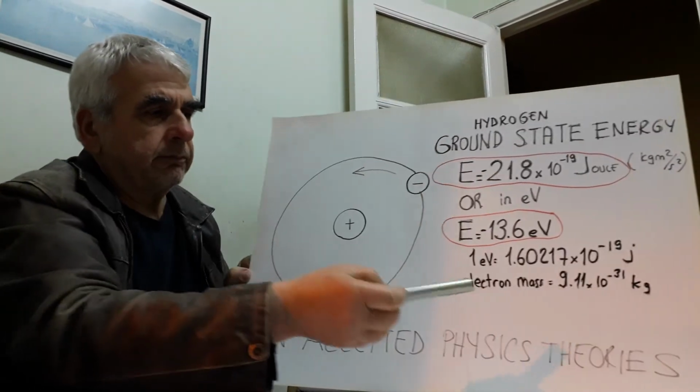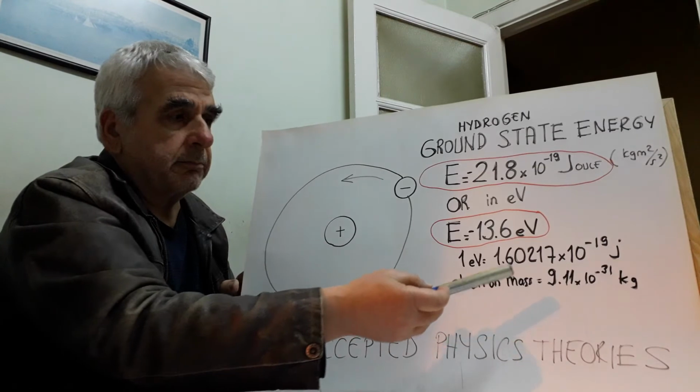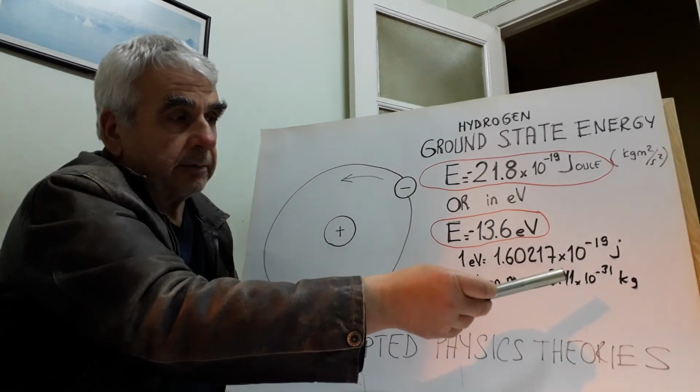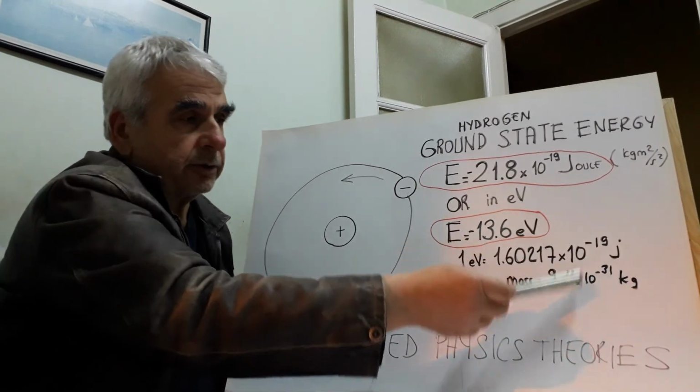And there is only one electron mass, and it is equal to 9.11 10⁻31 kilogram.